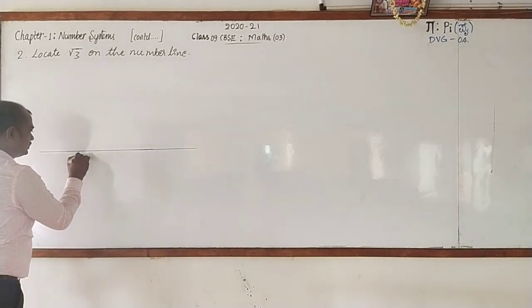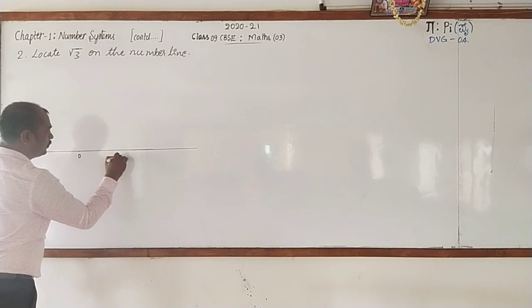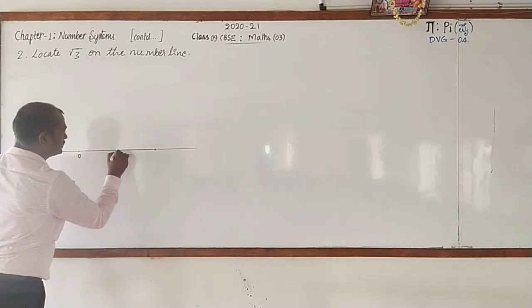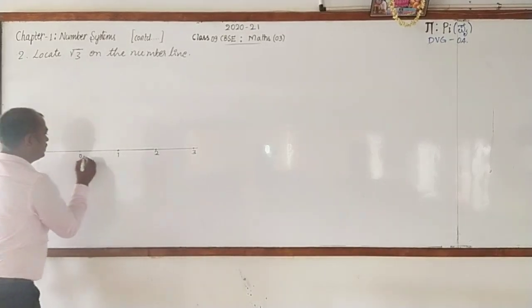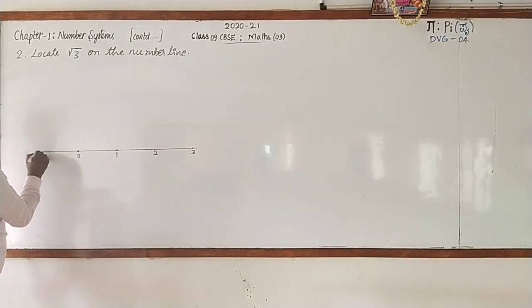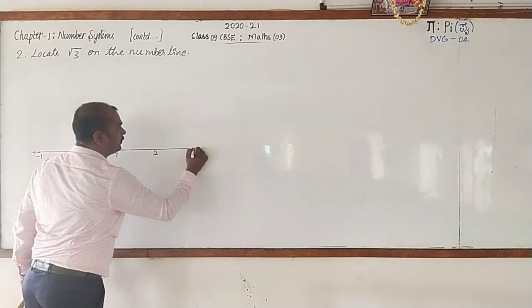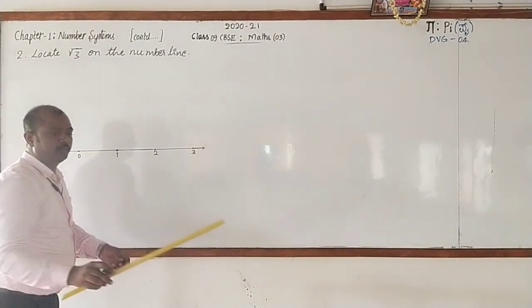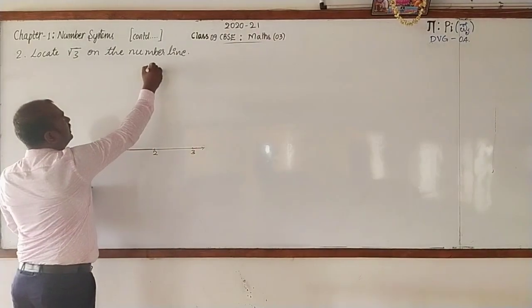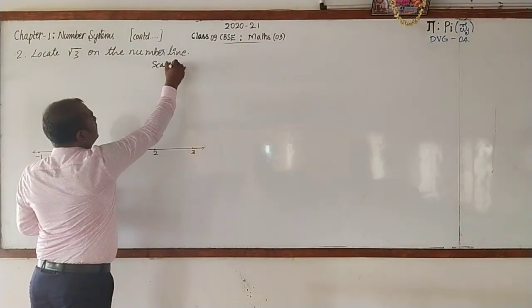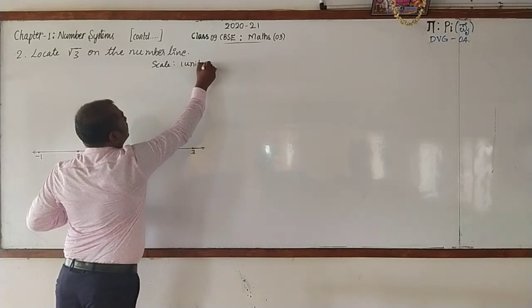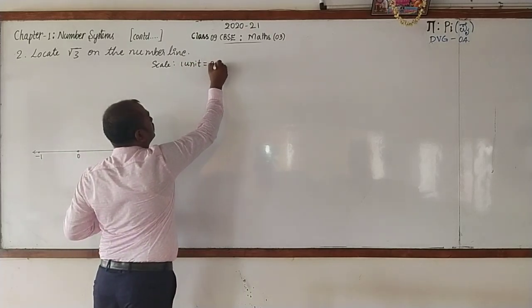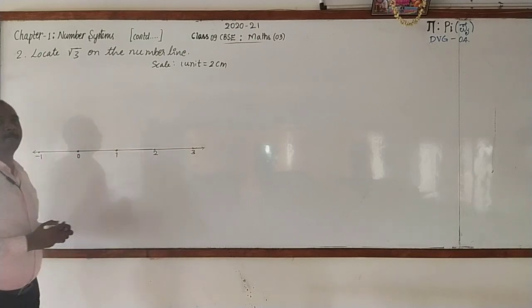Here this is 0, this is 1, this point is 2, this point is 3. On the left side of 0, the numbers are negative; I'll write negative 1. Then, without fail, we have to write the scale that we have used. Scale: 1 unit is equal to how much? It is 2 centimeters.